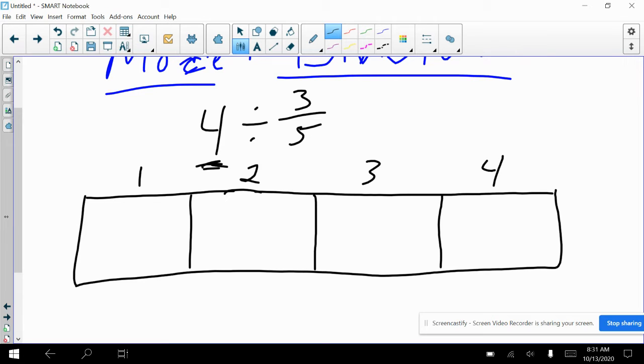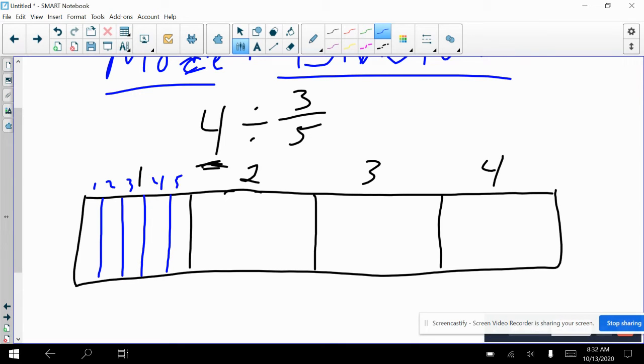All right, what does the 5 in the fraction mean? How many are in one whole, right? So I need 1, 2, 3, 4, 5. Right? How many pieces make up one whole?